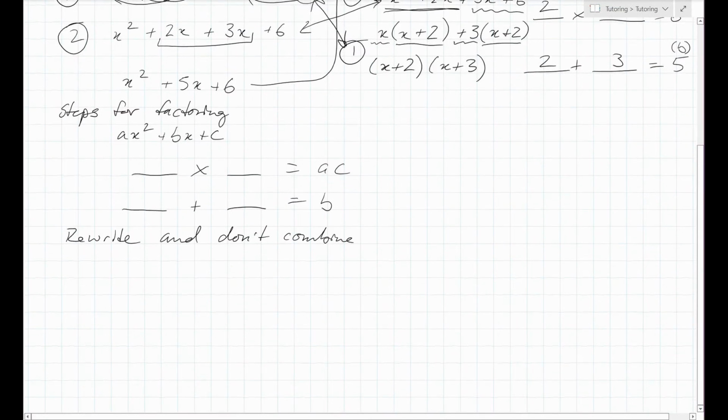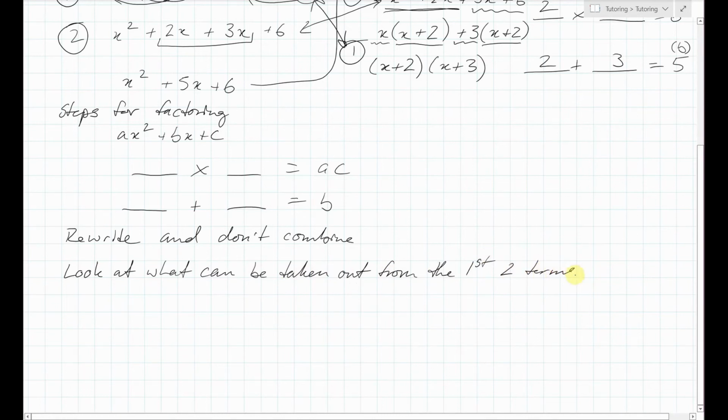And then the next step is to look at what can be taken out from the first two terms, and then take that out.